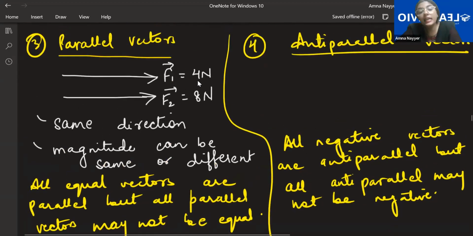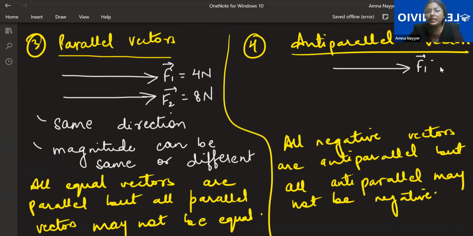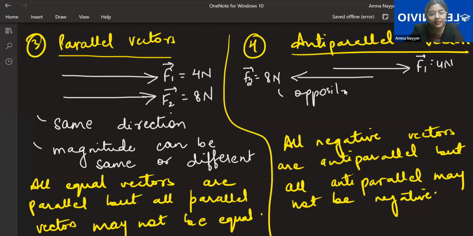Then you have anti-parallel vectors. Anti-parallel vectors mean, let's say F1 is 4 Newton and F2 is acting in the opposite direction, 8 Newton. So here the opposite direction is fixed. The direction will be opposite in any case. But what about the magnitude?